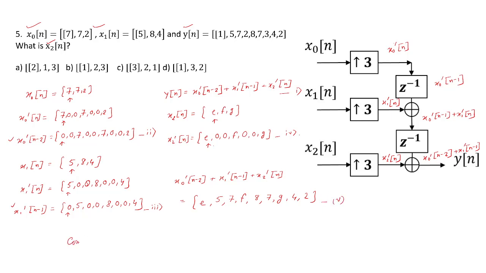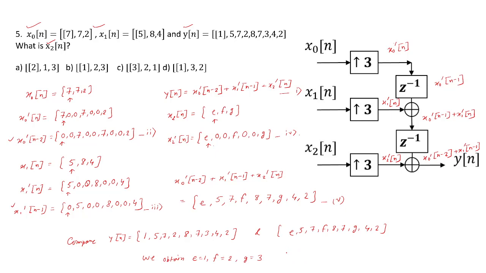Now if you compare the y of n expression, y of n is equal to 1, 5, 7, 2, 8, 7, 3, 4, 2, and E, 5, 7, F, 8, 7, G, 4, 2, we obtain E is equal to 1, F is equal to 2, G is equal to 3.